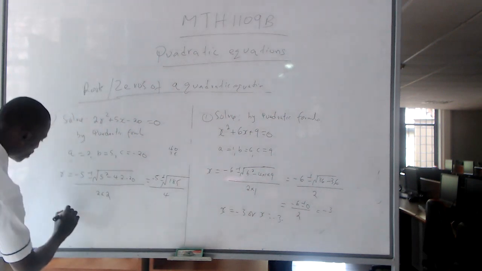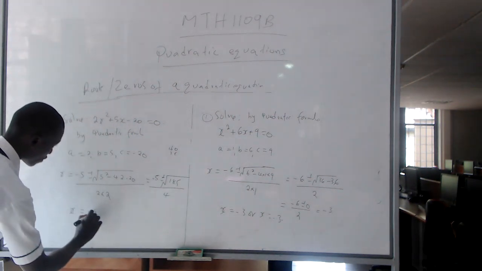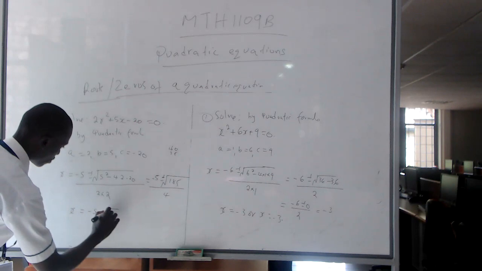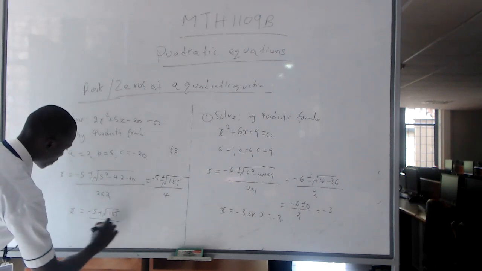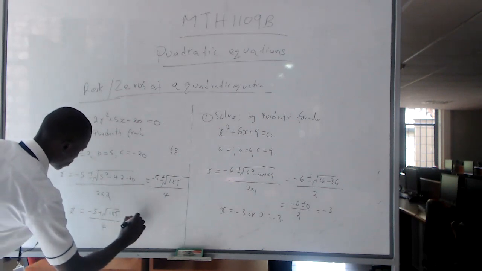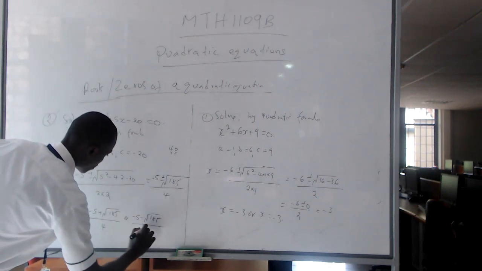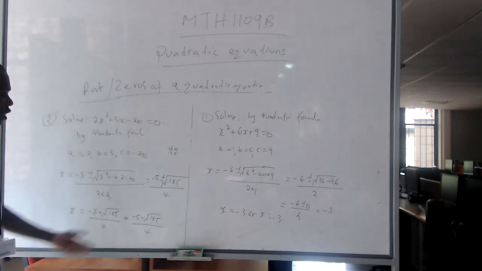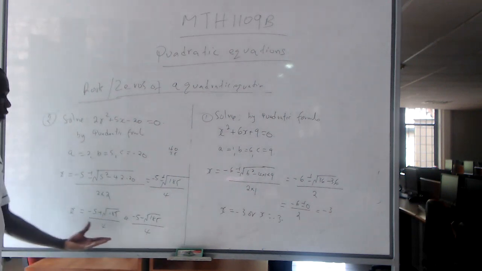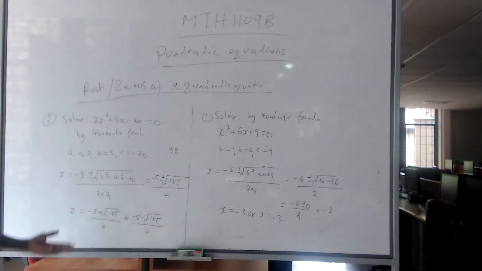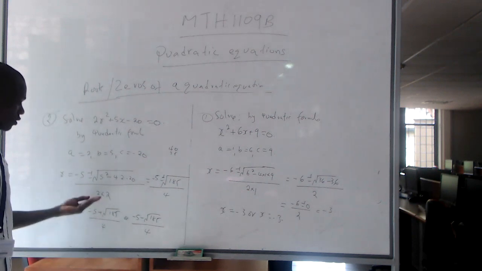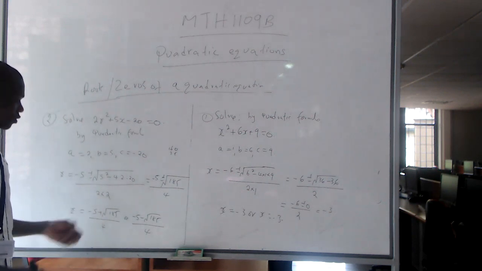So here we will get two answers: minus 5 plus square root of 185 divided by 4, and minus 5 minus square root of 185 divided by 4. You can go ahead and simplify, or simply leave the expression like that. You can use a calculator and find the exact values.